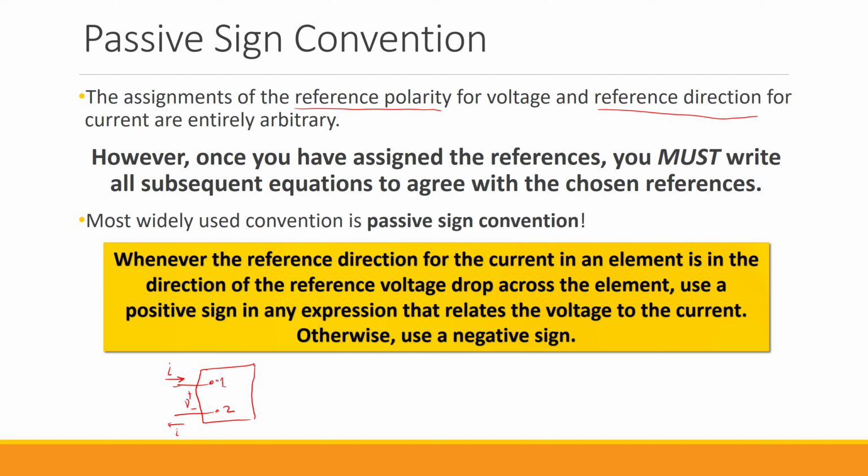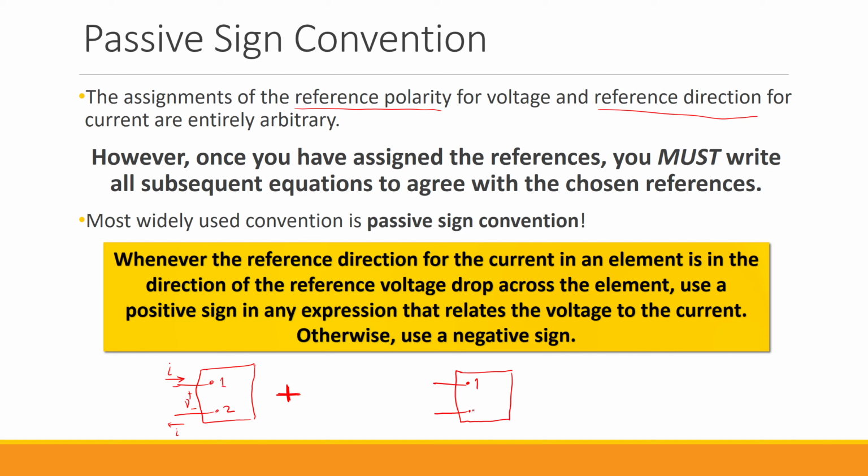So the current goes through terminal 1 and then comes out through terminal 2, right? The direction of the current is in the direction of the voltage drop. So for this case, whenever we want to show the relationship between the voltage and the current, we use a positive sign.